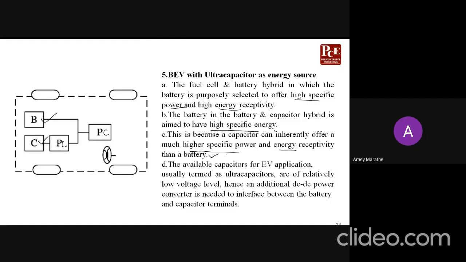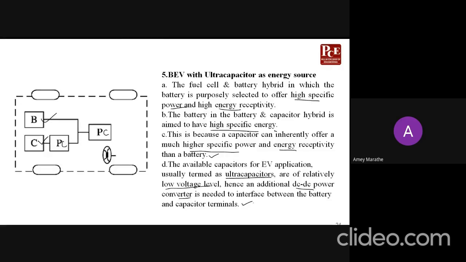So this is again one advantage of the capacitor. The available capacitors for EV applications are usually called ultra capacitors, and that is why I told you they are called ultra capacitors and ultra flywheels. They are of relatively low voltage levels, and hence an additional DC-DC power converter is needed to interface between the battery and capacitor terminals.